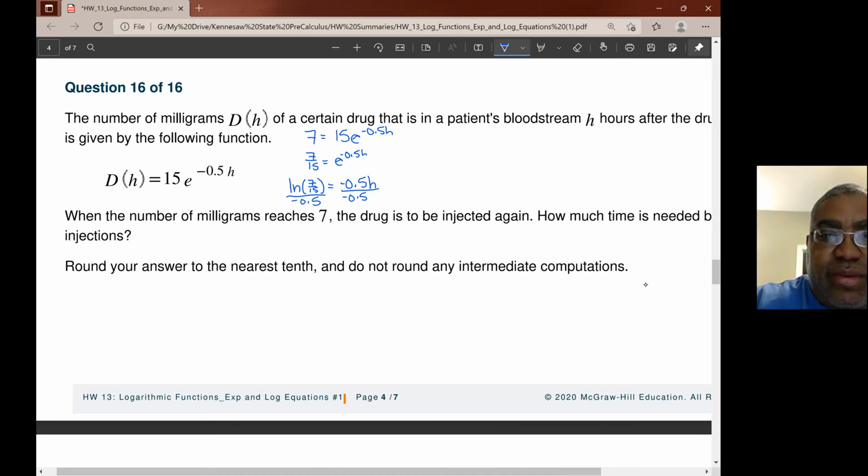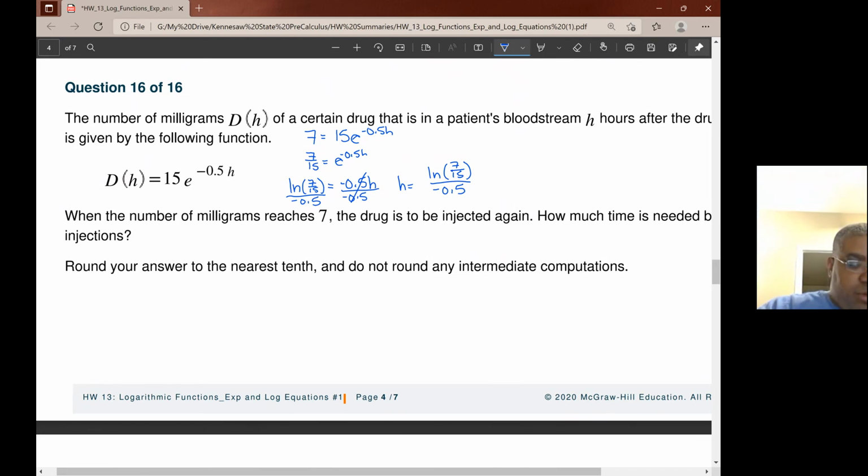So that means that H is equal to natural log of 7 over 15 divided by negative 0.5, which is the same thing as multiplying by negative 2. But you can now put this in your calculator just like this if you'd like.